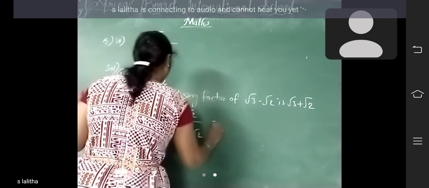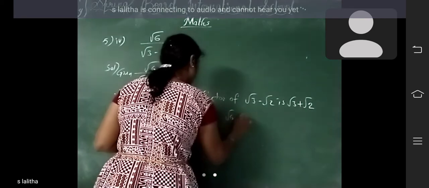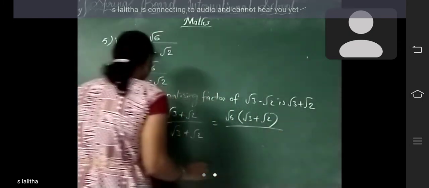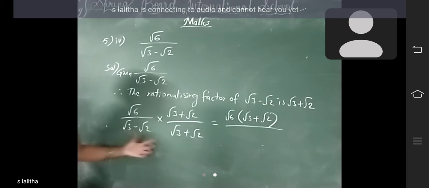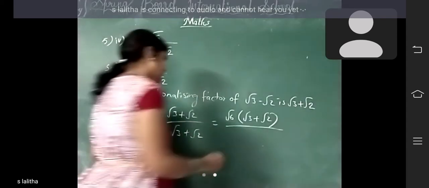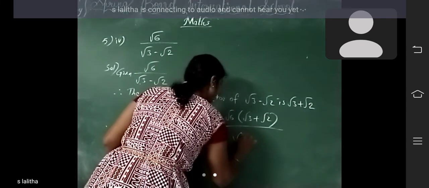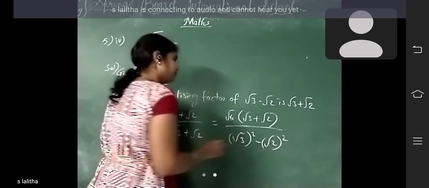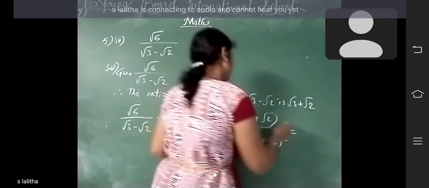Now, root 6 into root 3 plus root 2 by, it is in the form of a minus b into a plus b, a square minus b square. So, root 3 whole square minus root 2 whole square. Now, multiply root 6 into root 3, how much?